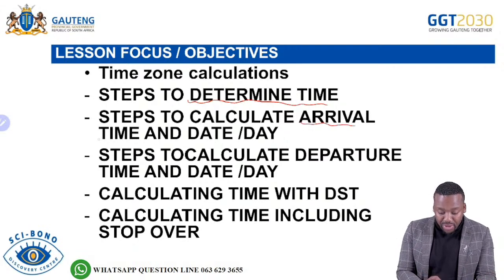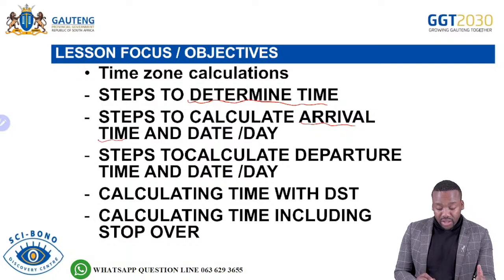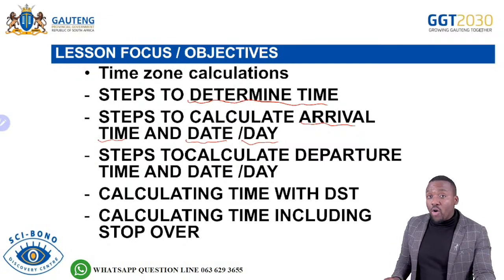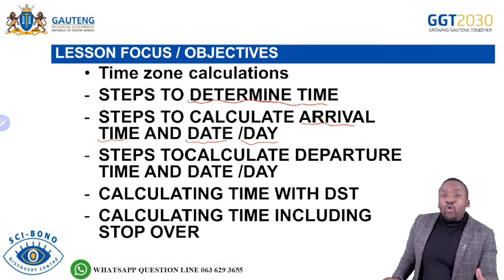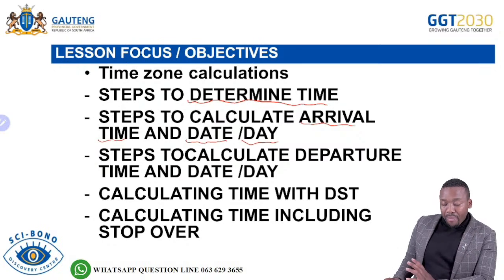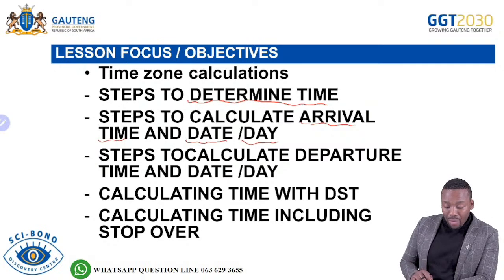And when you are busy doing arrival time, I'm going to teach you how to calculate time and date or time and day. Because sometimes when you have to do calculations, as you saw on your prelim, there are learners who lost marks by just calculating time and leaving out the date part of their answers, and they lost 1 if not 2 marks.